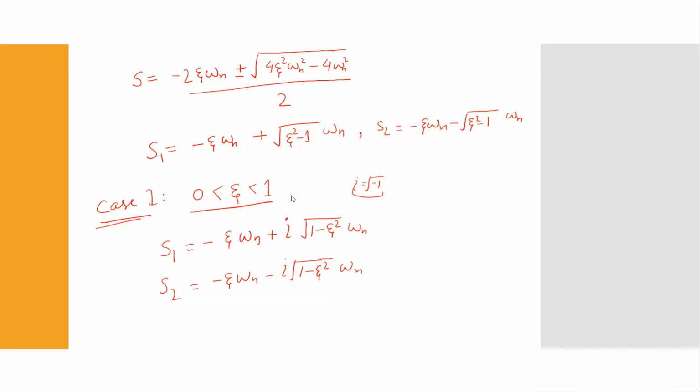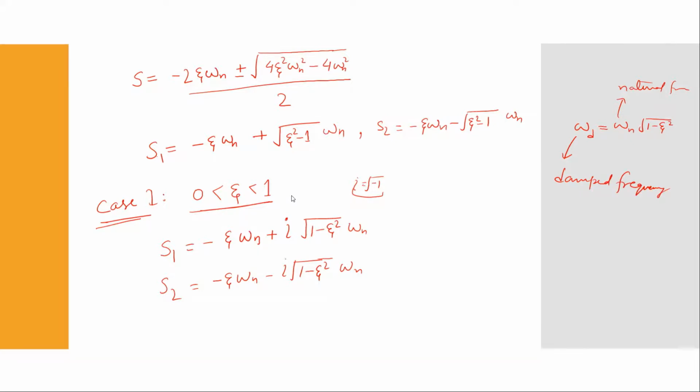Okay, and this value we replace with omega d, which is called the damped natural frequency, and is nothing but equal to omega n under root 1 minus xi square. So omega n we call only the natural frequency, and omega d we call the damped natural frequency or damped frequency.